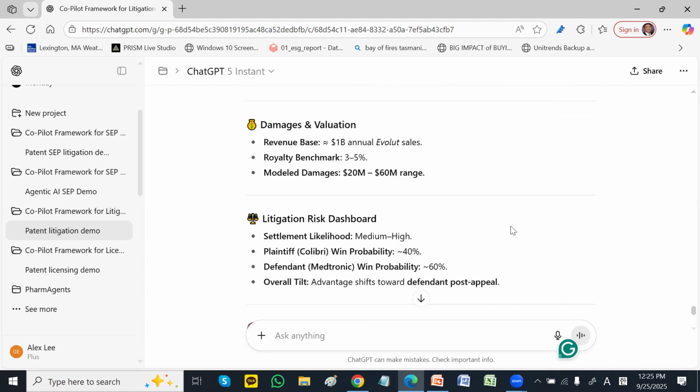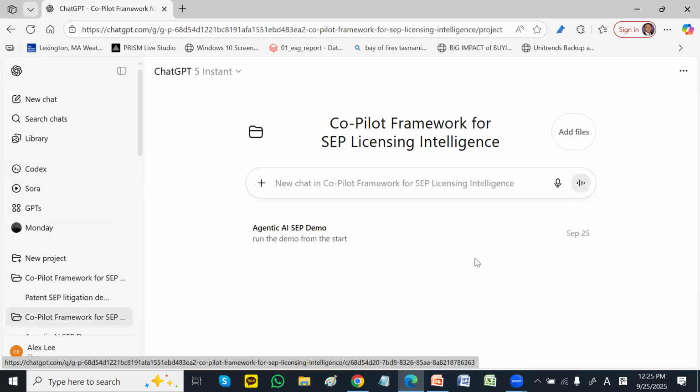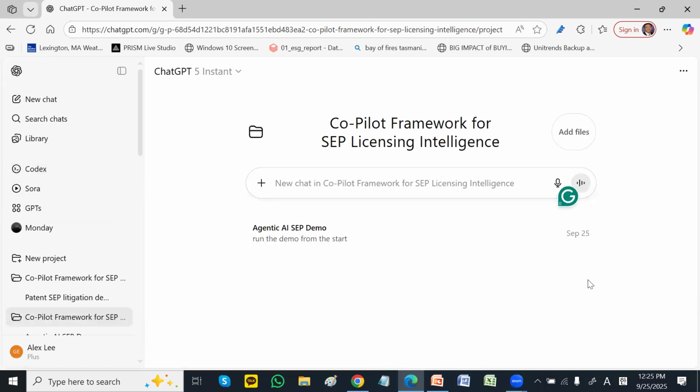Okay, so this is for the general case, and then I focus on a healthcare case. This one is actually SEP, right? Personally, my technical expertise is highly in wireless communication, because I have 30 years of experience in this space.